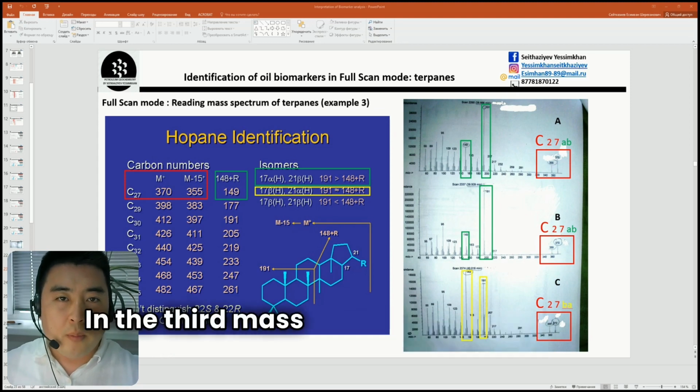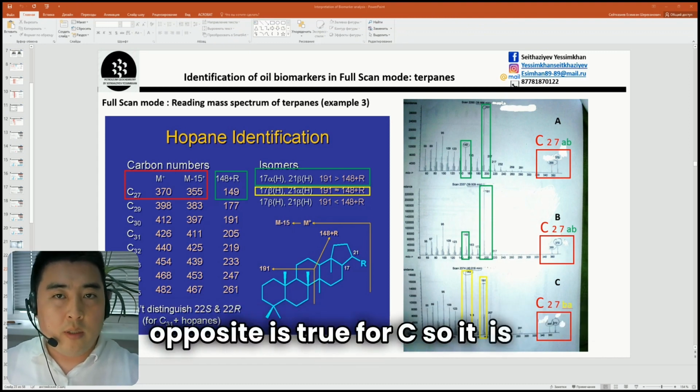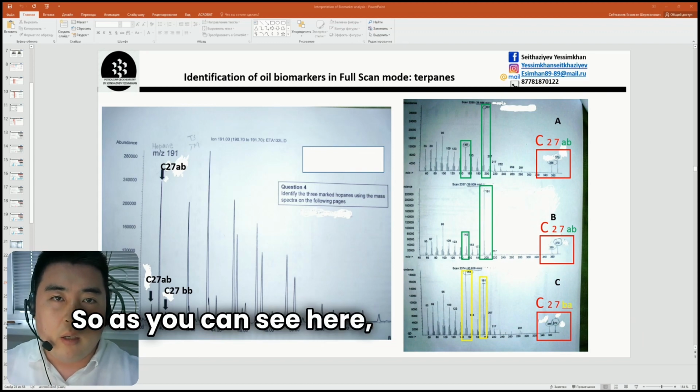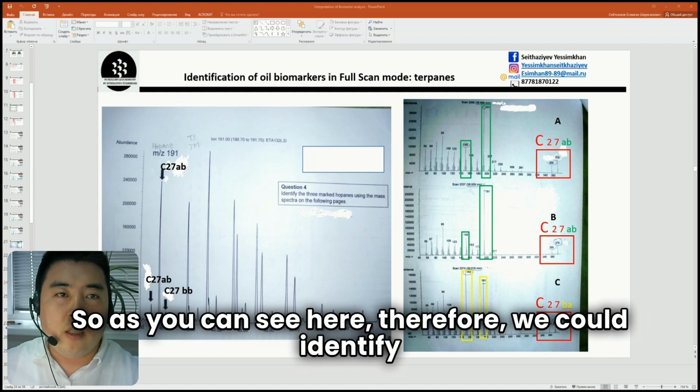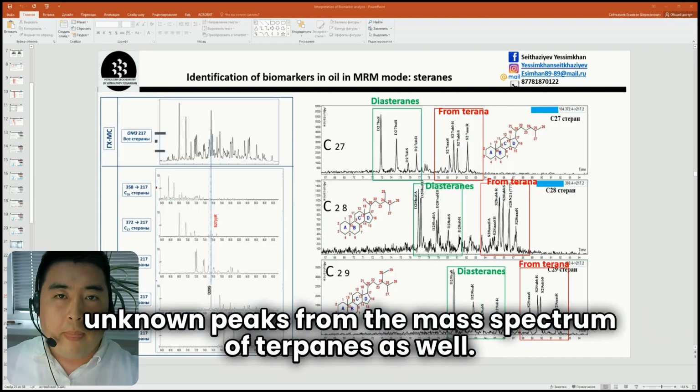In the third mass spectrum, C, the opposite is true. So it is beta alpha. Therefore, we could identify unknown peaks from the mass spectra of terpenes as well.